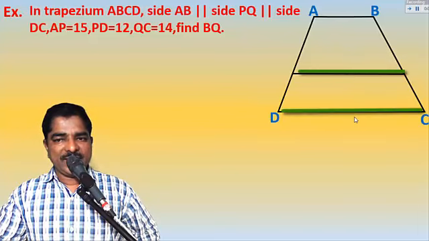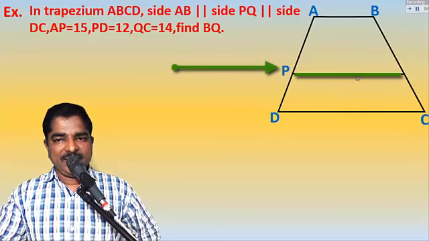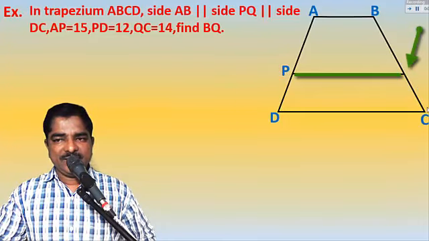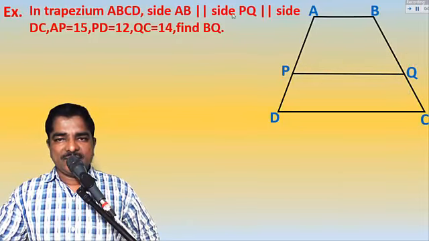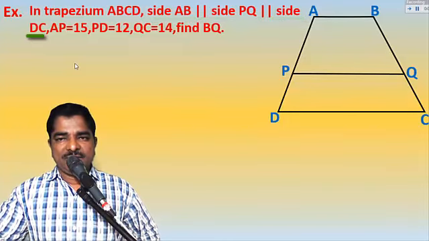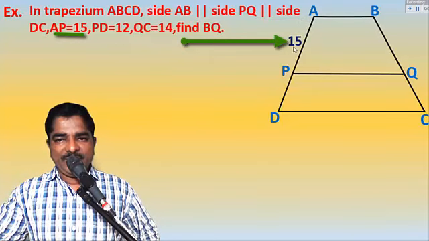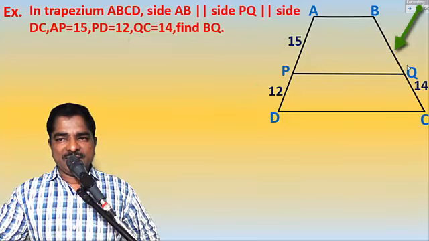That segment intersects AD in point P and segment BC in point Q. Side AB is parallel to PQ, which is parallel to DC. AP is 15, PD is 12, BQ is the unknown, and QC is 14. The question is to find AB.